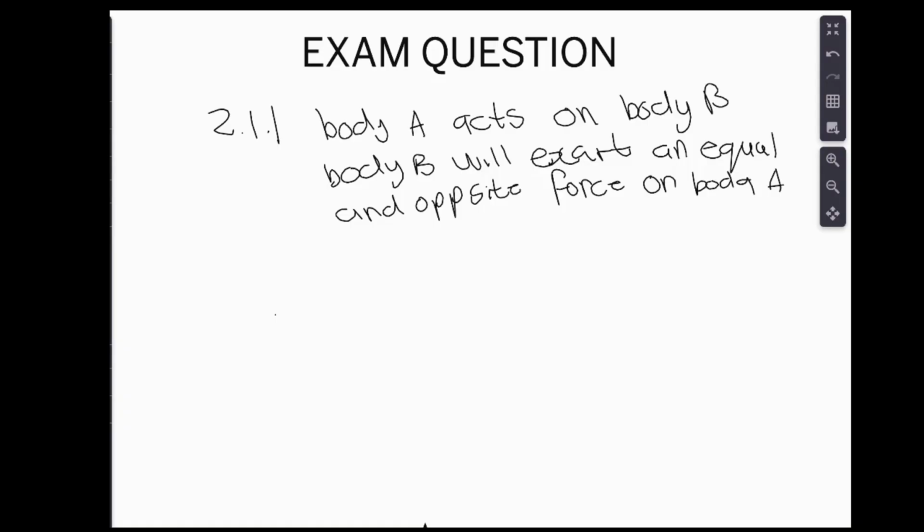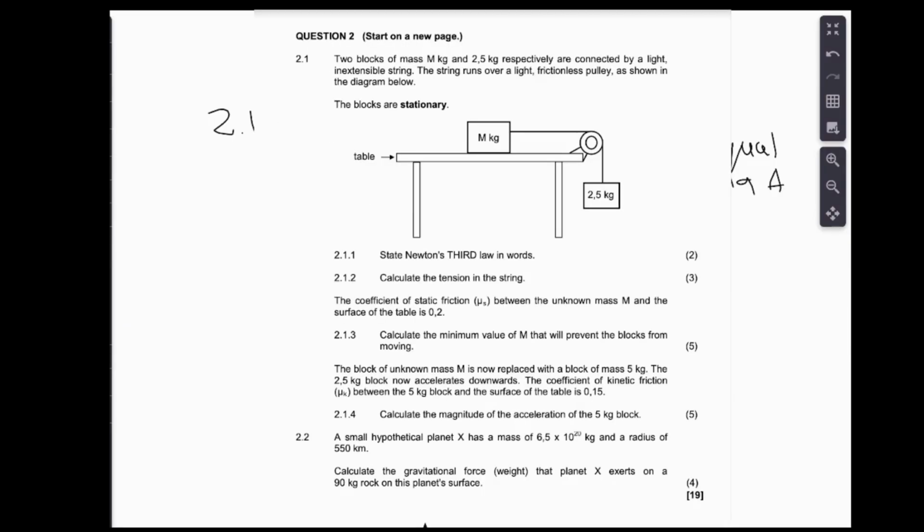My page is a bit small, guys, so I'm going to erase every time I need more room. Okay, we can continue here. We say calculate the tension in the string.